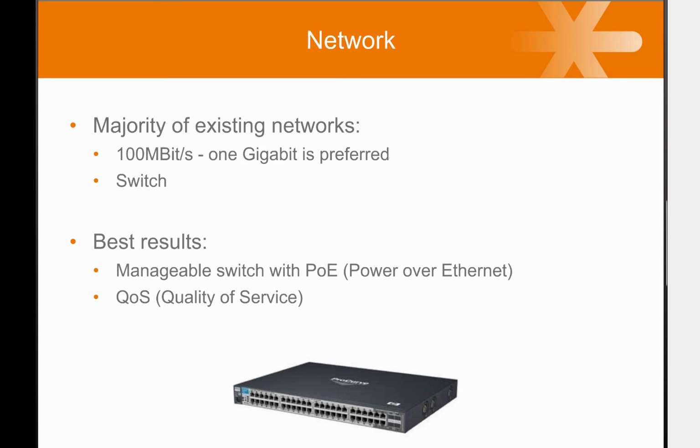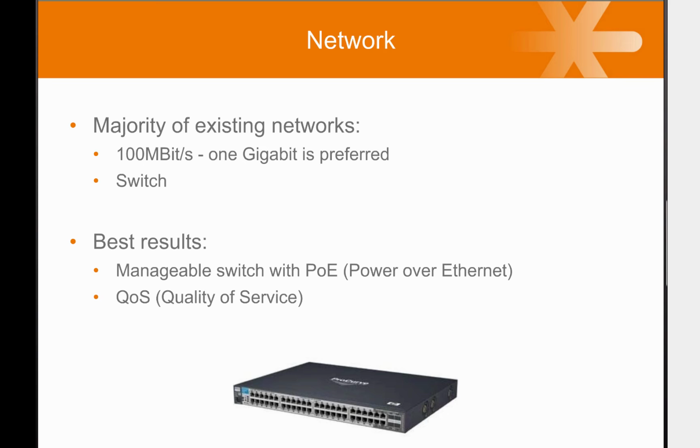Then we go over to the network. The majority of existing networks have at least a 100 Mbit fast Ethernet network. The last fast Ethernet network I saw was already some years ago.